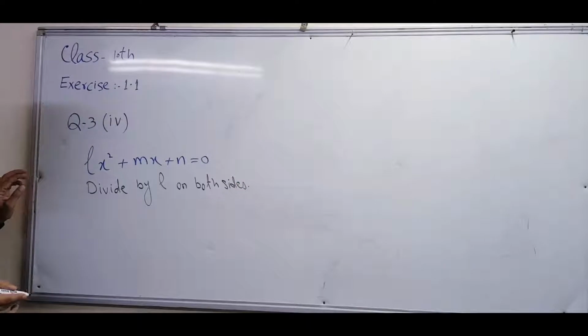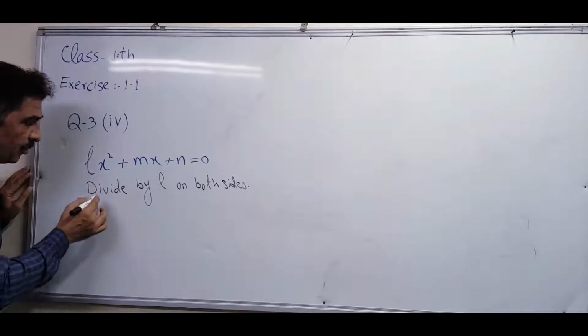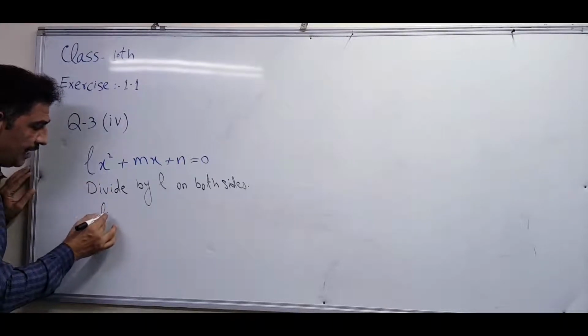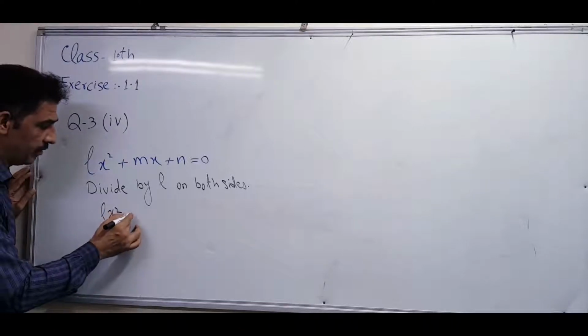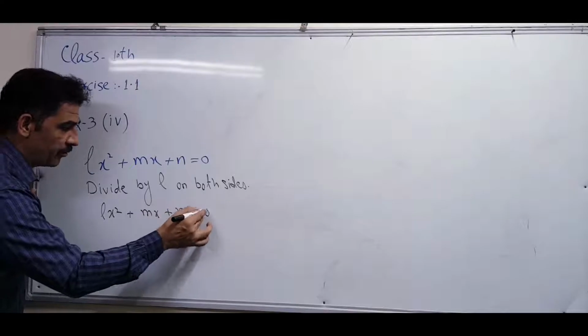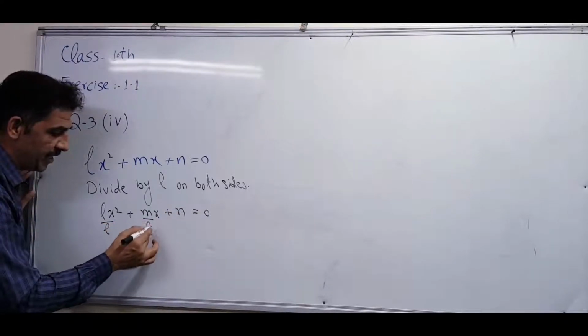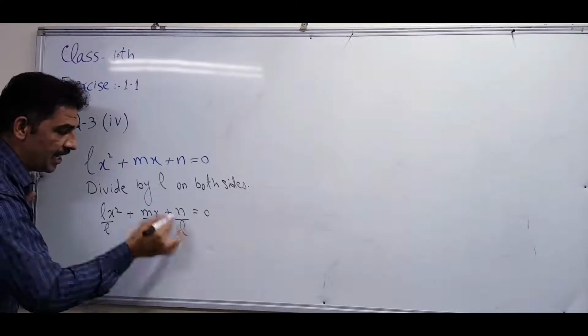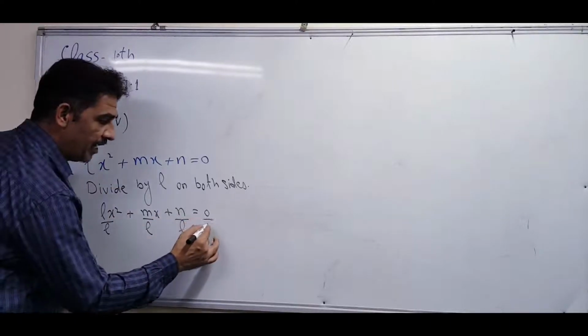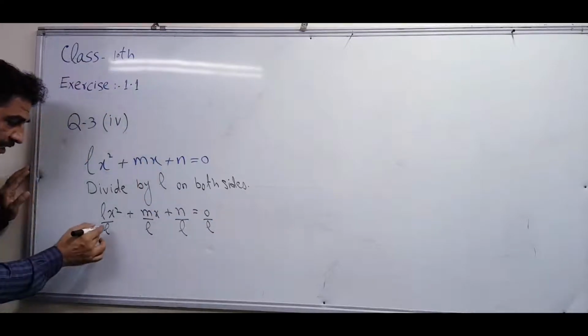Some students make a mistake because the book writes L in a straight line and they write that one, that is L. So when dividing by L on both sides, Lx square plus mx plus n is equal to 0. So L divided by the first term, L divided by the second term, L divided by the third term, and L divided by the right hand side, because both sides 0 by L. What changes here?